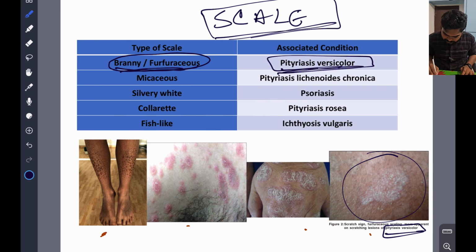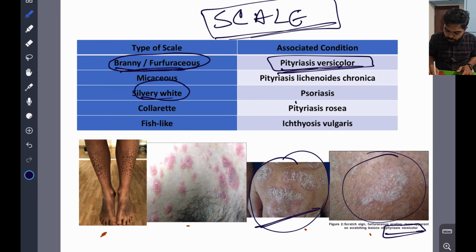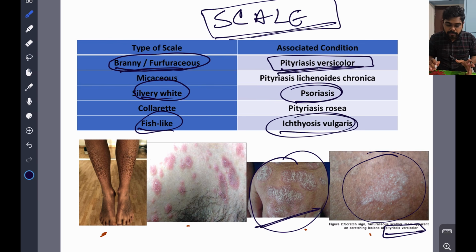You can see this scale looking silvery white, the silvery white scale of psoriasis. You can see something like fish skin. It's fish-like, ichthyosis vulgaris, very important.